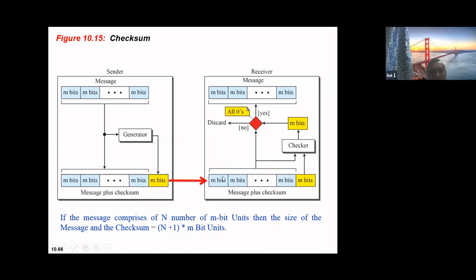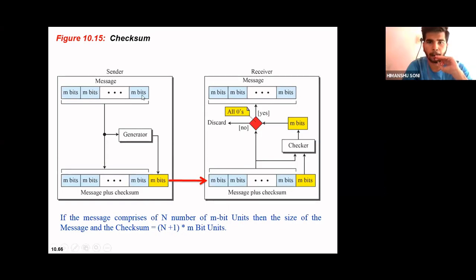It will be accepted as it is. If I don't get zero after the checker performs this, I'll discard it. Have you understood this scenario?